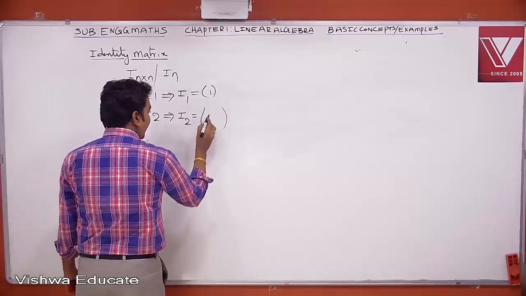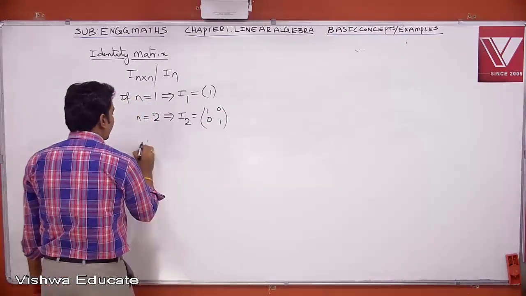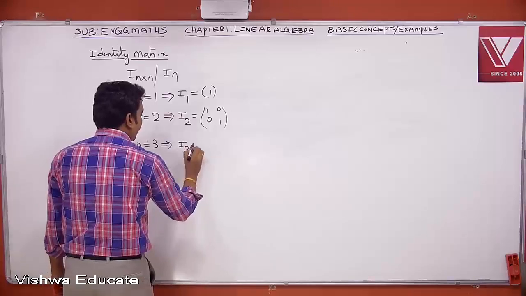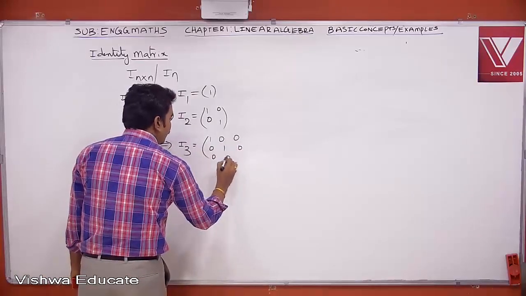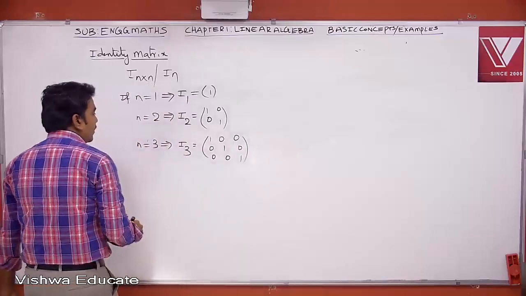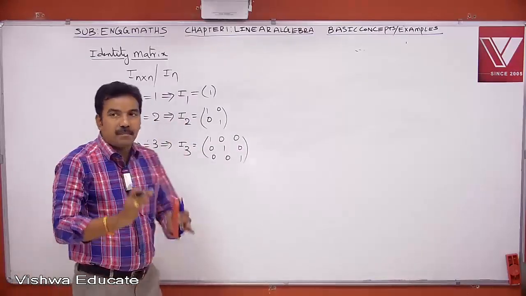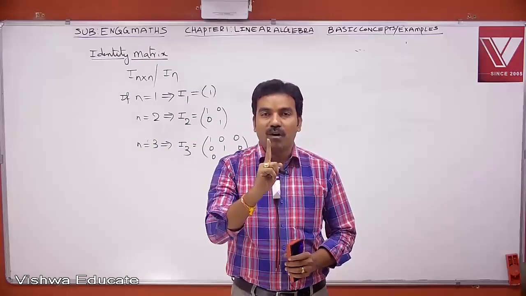So here diagonal elements are 1, 1 and rest of the elements are zeros. Suppose if n equal to 3, the matrix becomes I3 equal to 1, 0, 0, 0, 1, 0, 0, 0, 1. Therefore, this is basically a particular case of scalar matrix and all diagonal elements are restricted to 1.